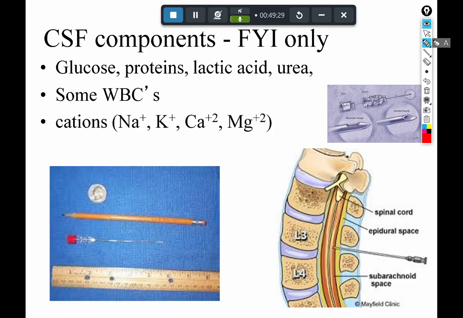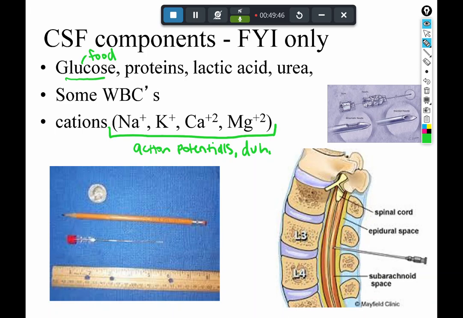Unsurprisingly, lots of ions. Why? Well, because action potentials. And there's also glucose, so this is food for neurons. Proteins of various kinds, lots of functions.